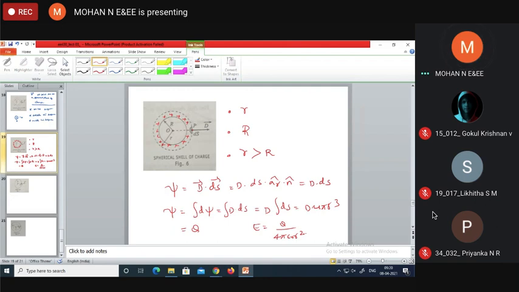Where D is equal to what? Epsilon naught into E. That's all. So this is for the point P, which is outside the shell.